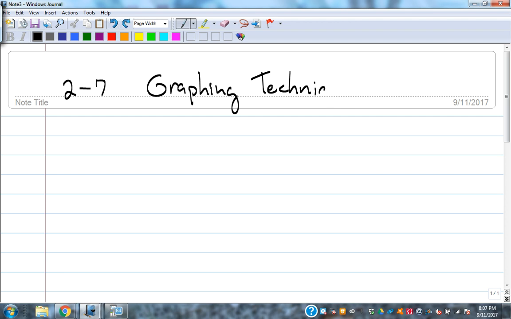Oops, techniques has a Q, not a G. Graphing techniques. What we have here are things that happen vertically and things that happen horizontally. And where the math happens decides which one it is, vertically or horizontally.